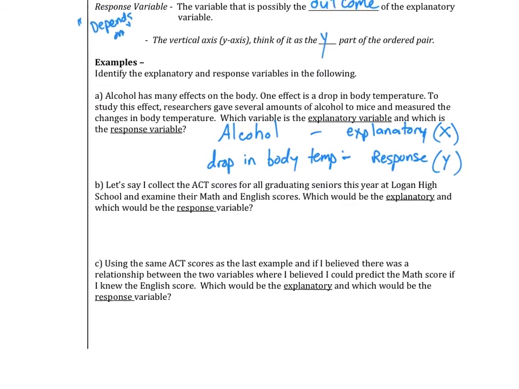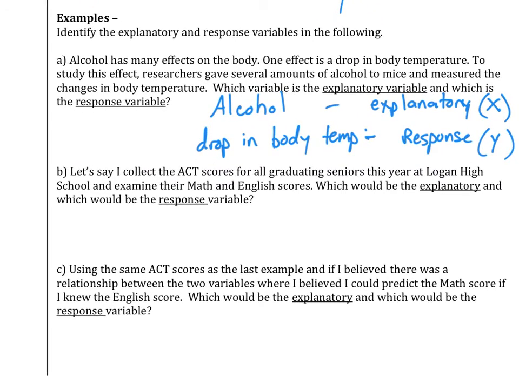Part B says, let's say I collect the ACT scores for all graduating seniors this year at Logan High School and examine their math and English scores. Which would be the explanatory and which would be the response variable? Do math and English explain the ACT score, or does the ACT score explain math or English?